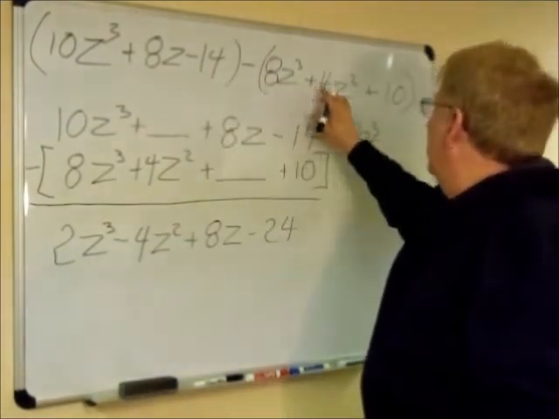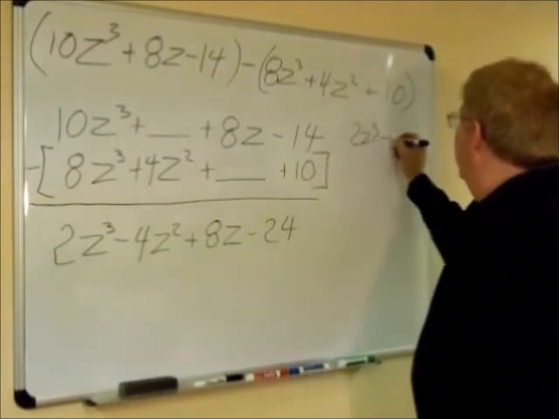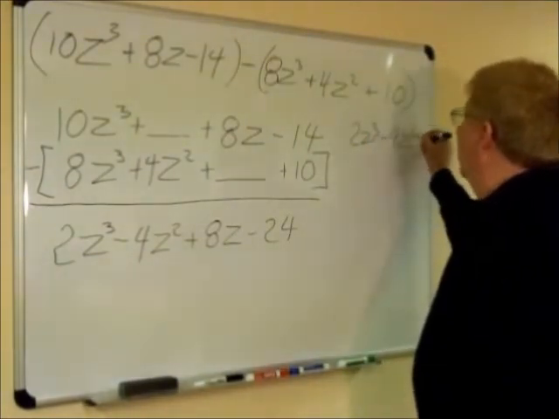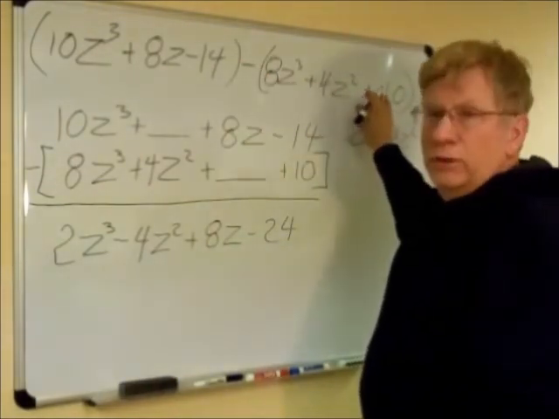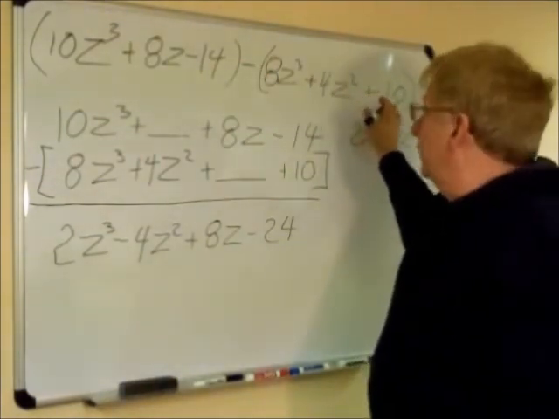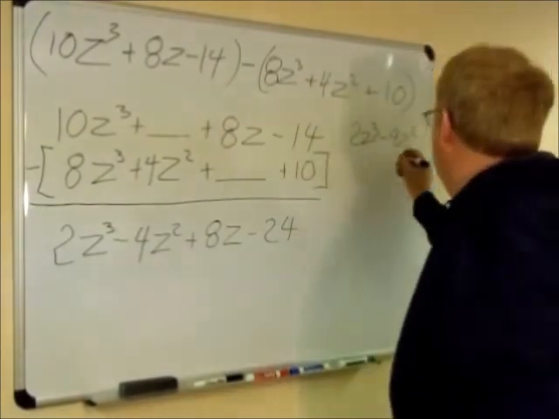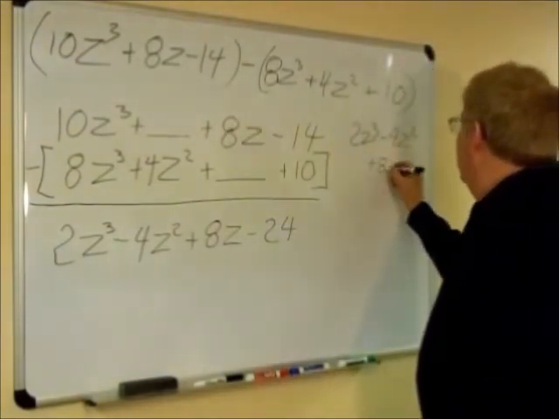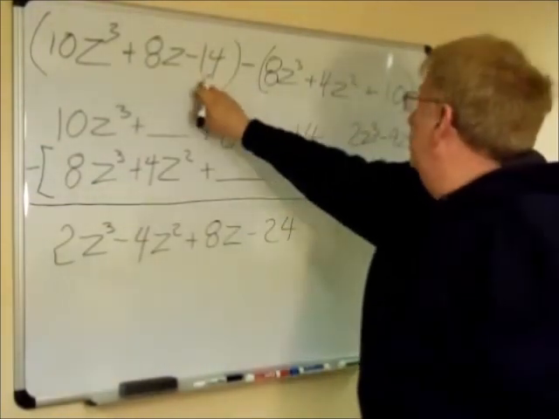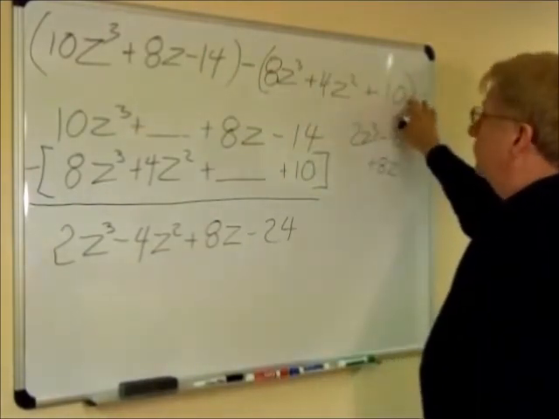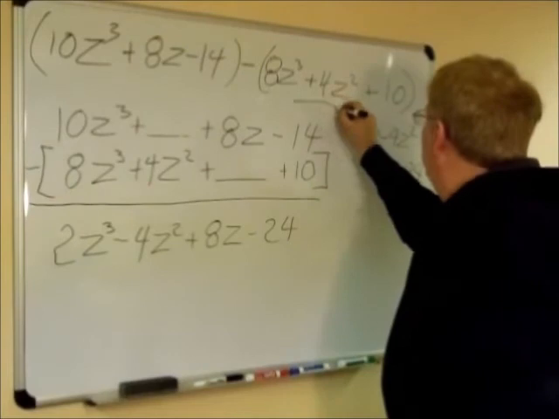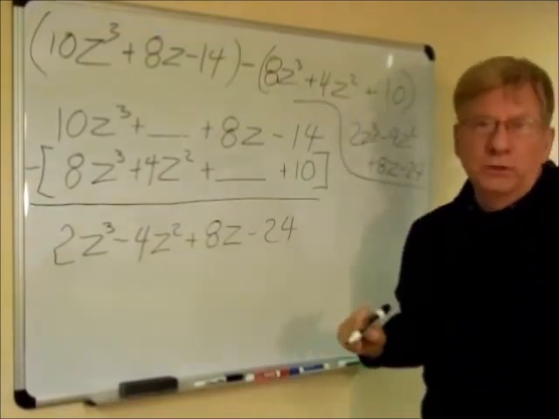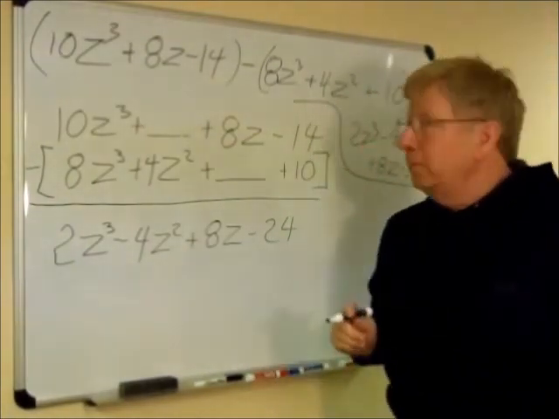So nothing over here, minus the 4z squared. We have an 8z. We don't have just a z to the 1 term in the second one, so it's just 8z. We have a minus 14 and our constant, minus 10, gives us minus 24. So you can do it horizontally, but it's a little more prone to mistakes.